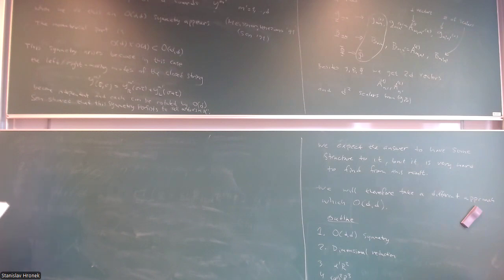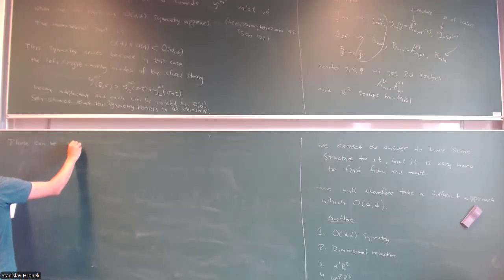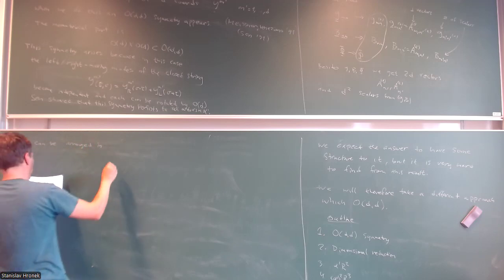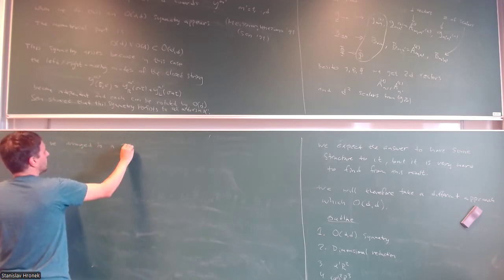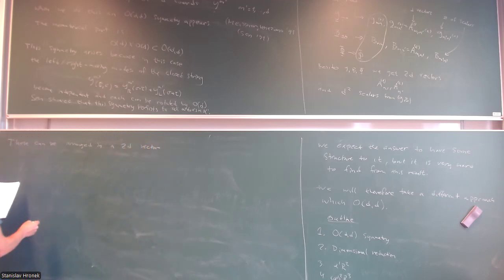You see that we arrange them in a particular form. We arrange the vectors into a 2D vector, so we just put them together.